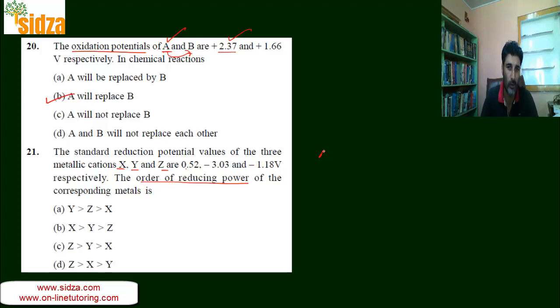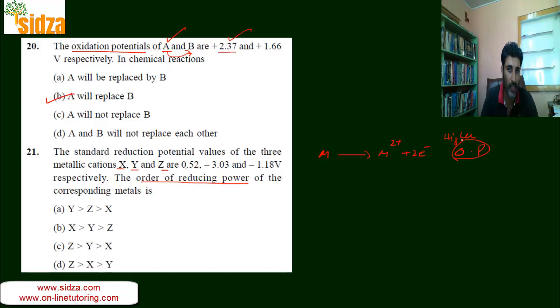Suppose you have a metal and it changes into metal 2 plus ions or 3 plus ions, the tendency to lose electrons is called oxidation potential. And if a metal has higher oxidation potential, it will be a better reducing agent. It will reduce the other metal ion.